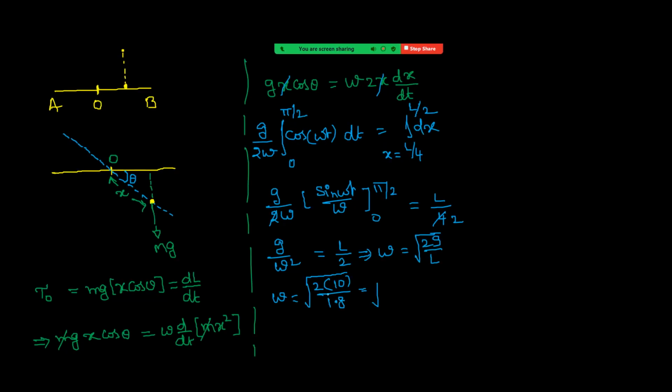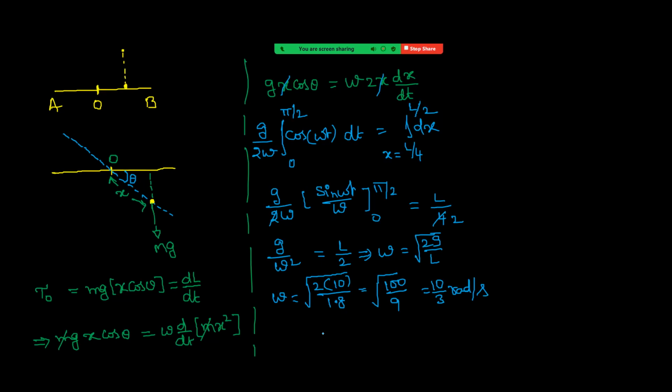See how much we get? 0.9. So that comes out to be 100 by 9, which means 10 by 3 radian per second. Okay, right.